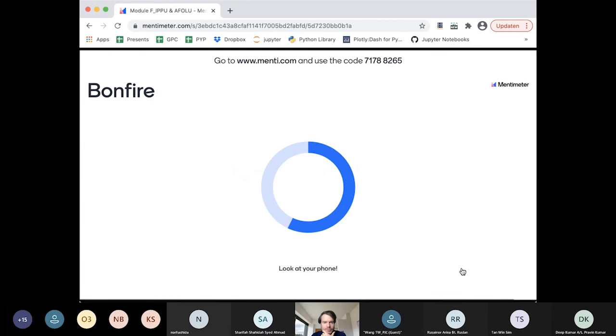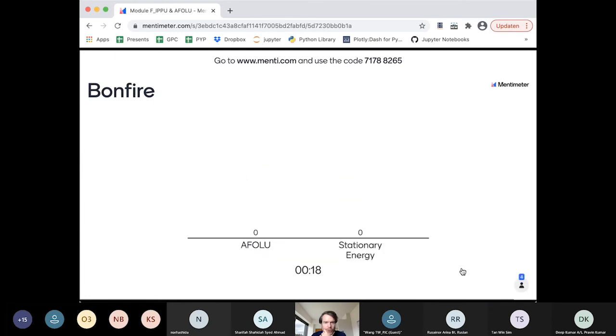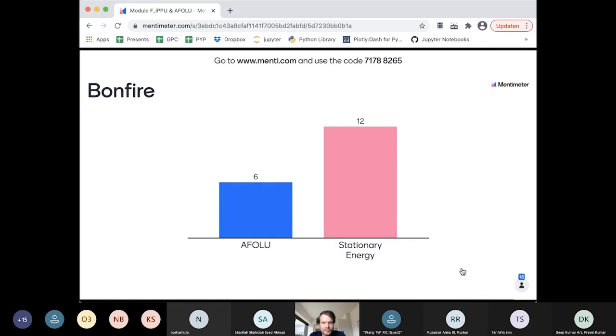A bonfire. Is this a FOLU or stationary energy? This is when you put all your biomass waste onto a big pit and you just burn it. This is a sort of trick question.